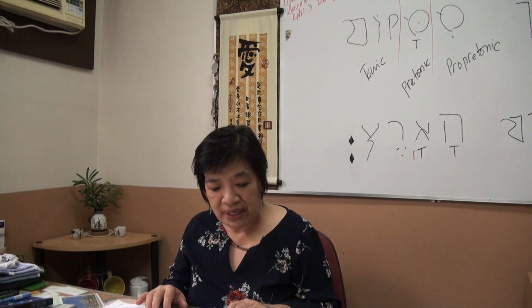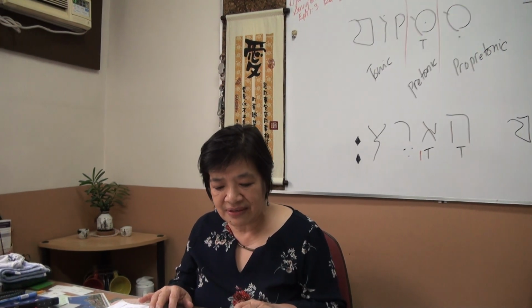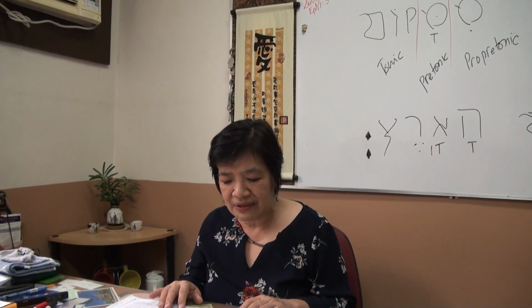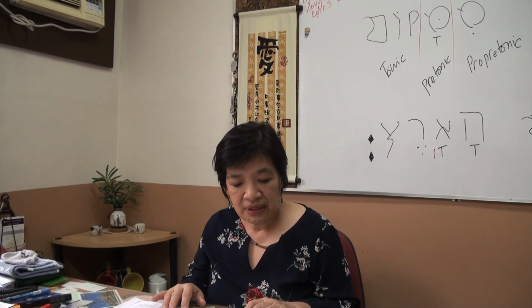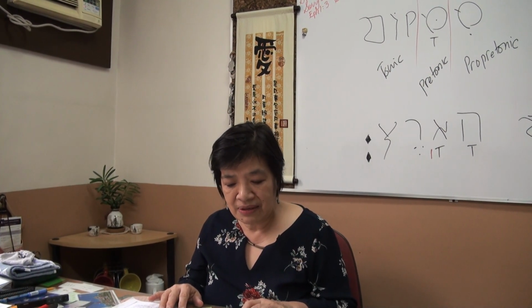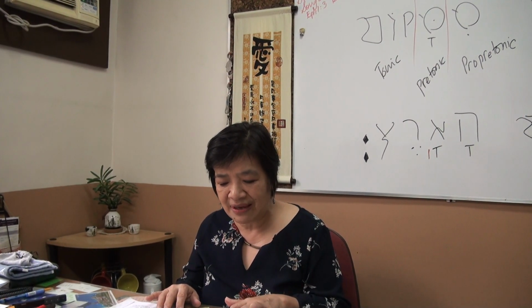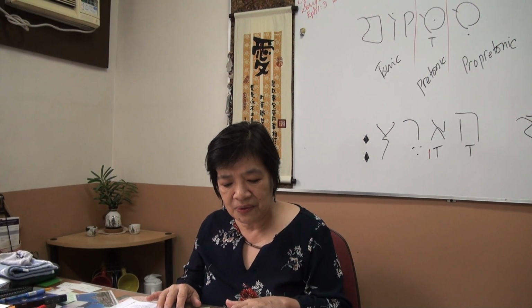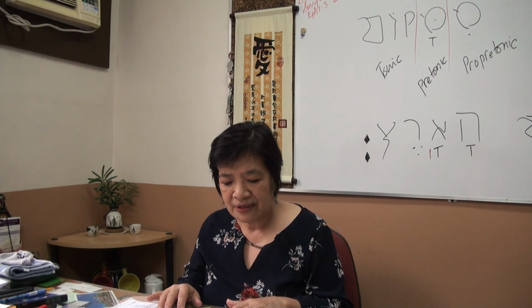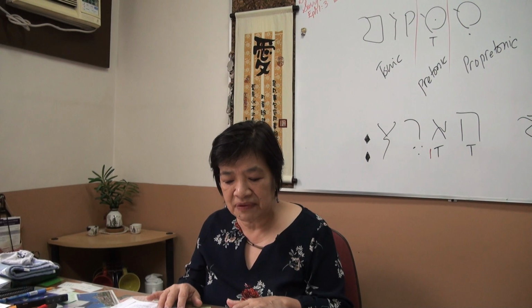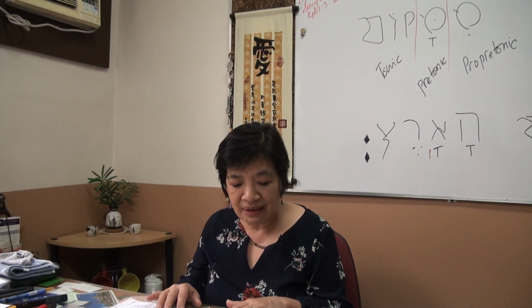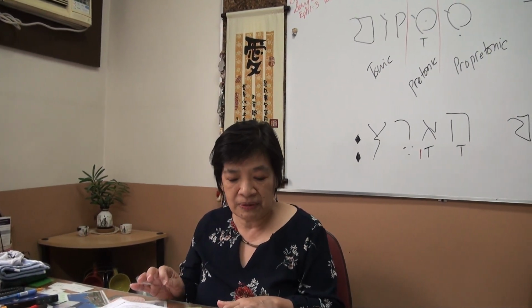Number 2, for exegesis, strong disjunctive accents mark the divisions in a sentence or the end of a unit. For instance, in the reading of the text, strong disjunctive accents like the atnak and the siluk indicate a pause or a break, slowing down in the recitation of the text. So if you see an atnak or a siluk, you pause.